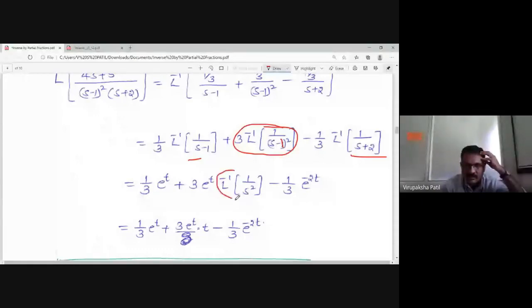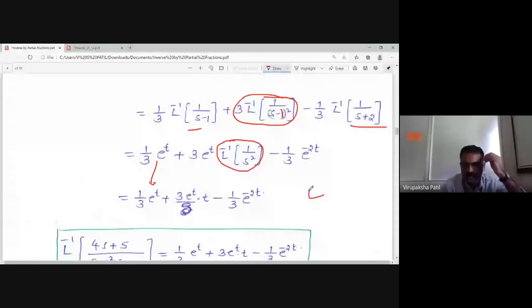Now what is L inverse of 1 divided by S square? This term as it is, 3 as it is. L inverse of 1 divided by S square means it is of the form S raised to n plus 1, so you can write this as t raised to n divided by n factorial. If you compare, S square means 1 plus 1, so it becomes t raised to 1 divided by 1 factorial, which is t. Therefore, this term as it is.